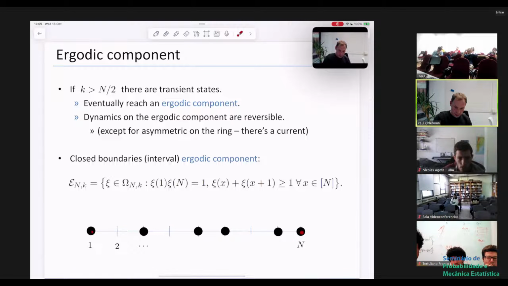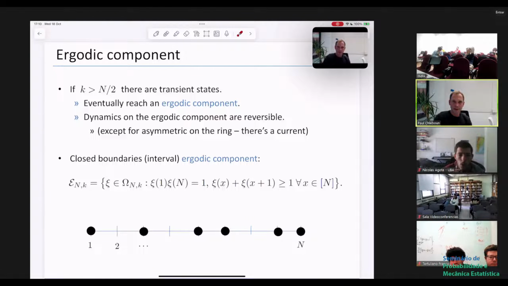So eventually particles will be absorbed at either end. And then the ergodic component is just described by all the configurations where particles are separated by no more than one empty site. Right? If you have a separation of 2 or more empty sites, eventually it'll close and you can never create a gap any bigger than this one empty site under the dynamics.